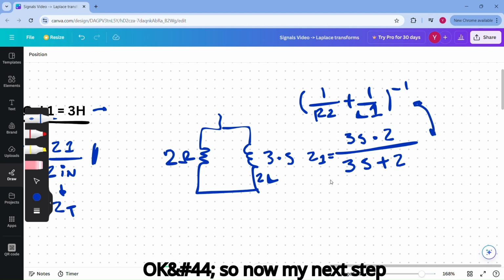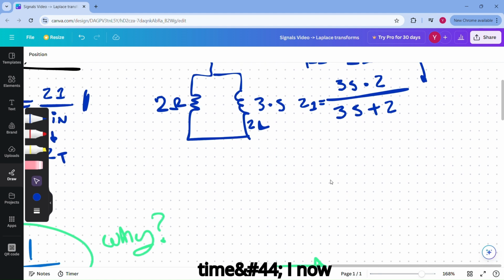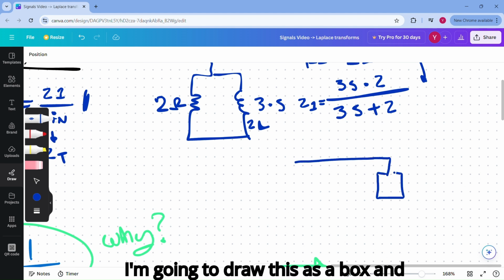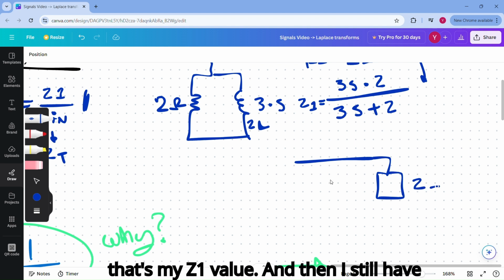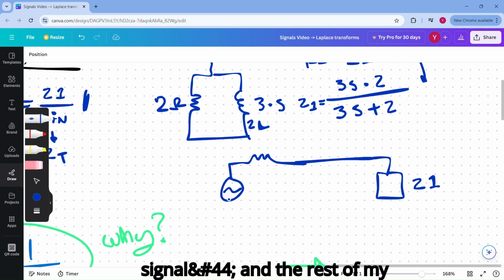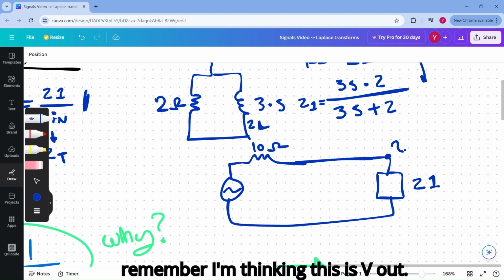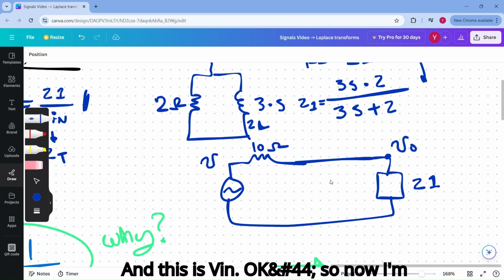Okay? So now my next step is, if I was to redraw my circuit one more time, I now have two components. I'm going to draw this as a box, and that's my Z1 value. And then I still have my resistor, my signal, and the rest of my circuit. I said this was 10 ohms. And remember, I'm thinking this is Vout and this is Vin.